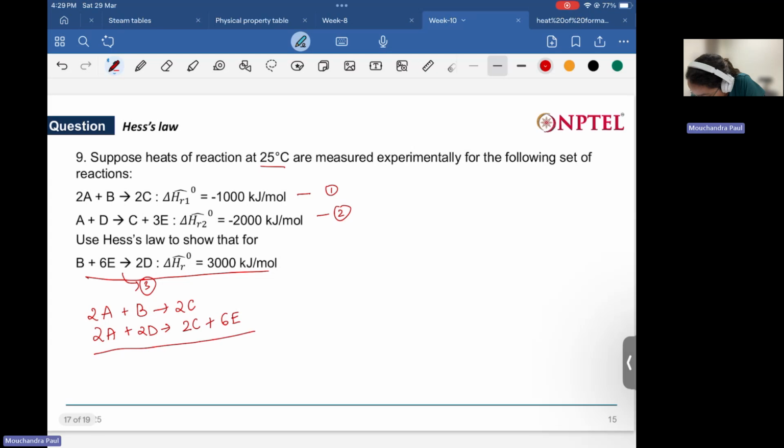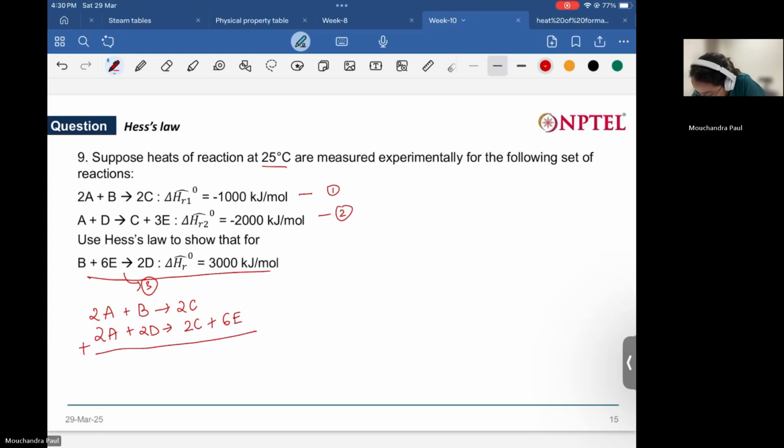If you add this, what you should get... no, adding won't help here. We have to do subtraction. Then this 2 will get cancelled. You would get B minus 2D. These two terms will get cancelled. And you would get minus 6E. And if we do a reverse, bringing 6C in the reactant side and sending 2D to the product side, this is the reaction 3 that we should get.